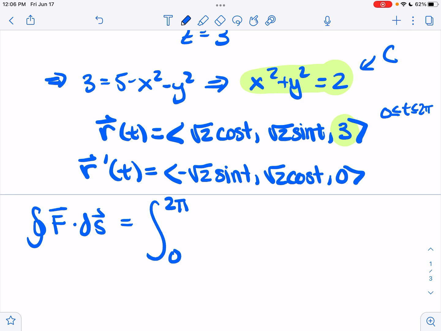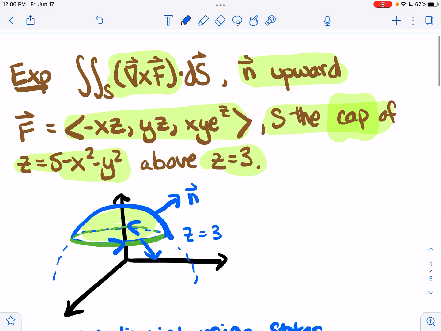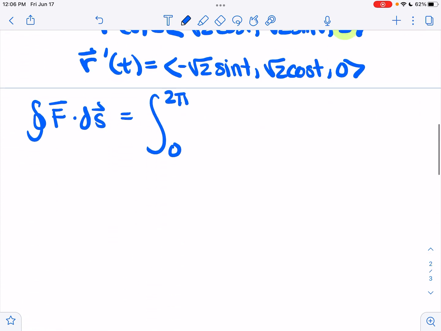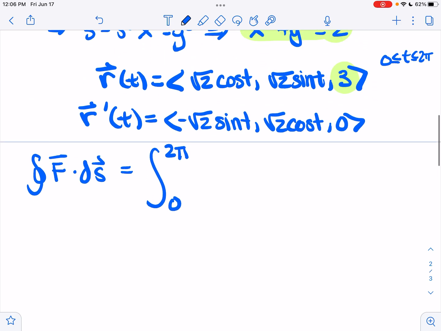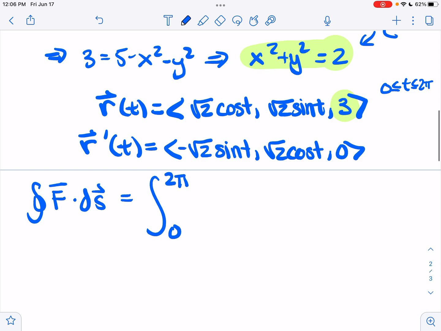The function that we are integrating, oh, this is a mistake. This is supposed to be the curl of f right here. The curl of f is given in the problem, not f itself. My mistake. So the curl of f is negative x times z. So let's see what we've got.